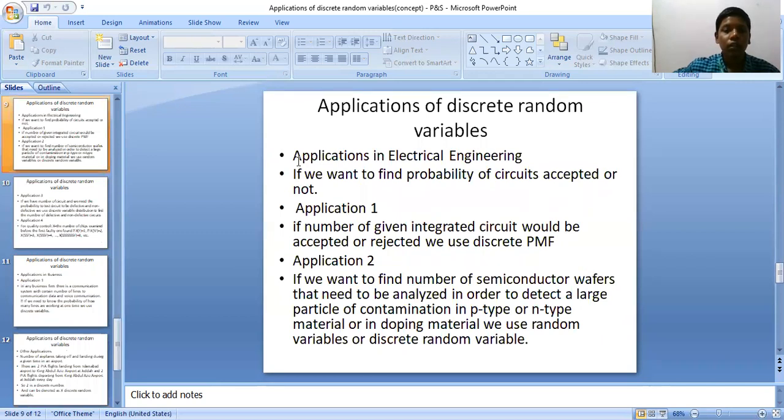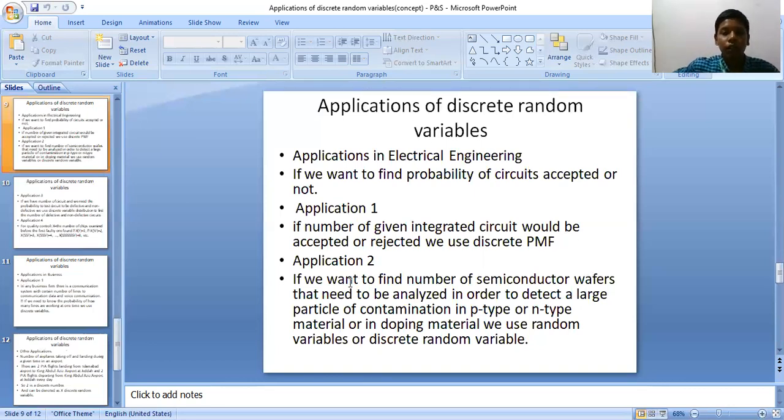Applications in electrical engineering. If you want to find the probability of circuits being accepted or not, application 1: if a given integrated circuit would be accepted or rejected, we use a discrete probability mass function.